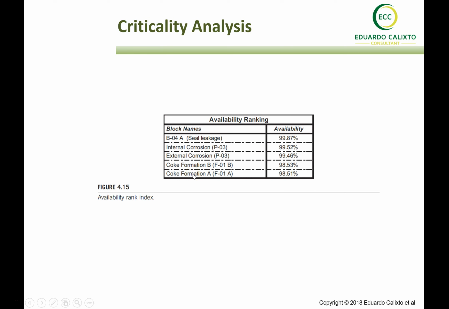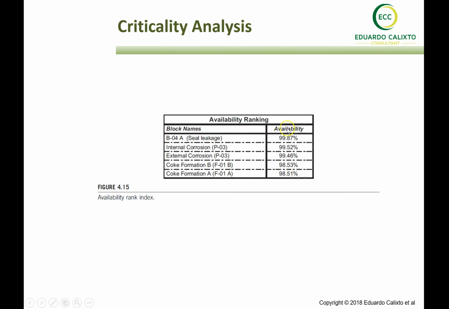That happens because all such equipment are in series, of course, in our RBD. That means if I have a failure in one of them, I will shut down the system. Since I have this type of configuration, with direct impact on the system, the system operational availability will be lower than the lowest value among the equipment operational availabilities.